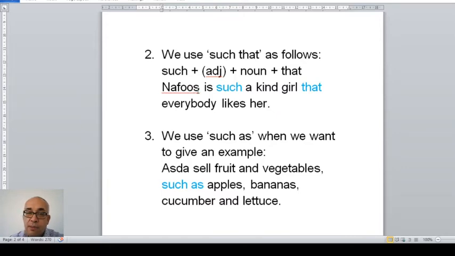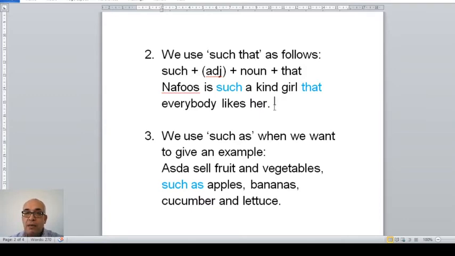Nafus, the name of a girl, is such a kind girl that everybody likes her. So I use such, and then I use an adjective which is kind, I use girl which is a noun, and then I use that to complete the sentence.